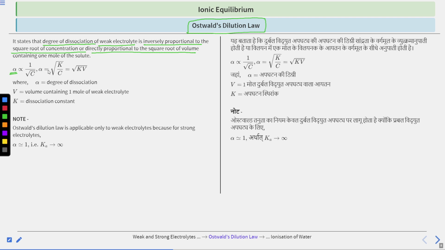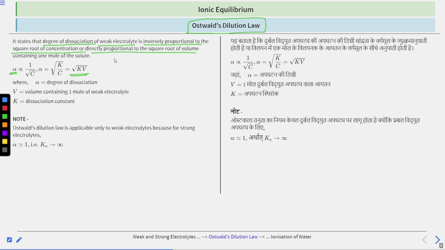On equating, we have to introduce a constant k. Let's suppose it is under root k. So alpha equals under root k by C. We can also write alpha equals under root kV, because it is directly proportional to the square root of volume.